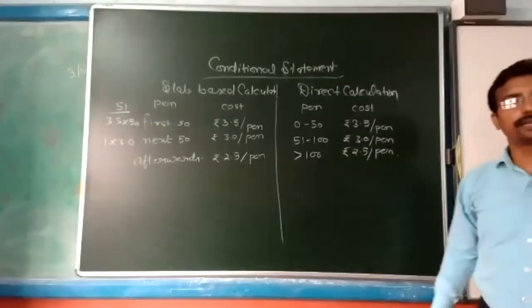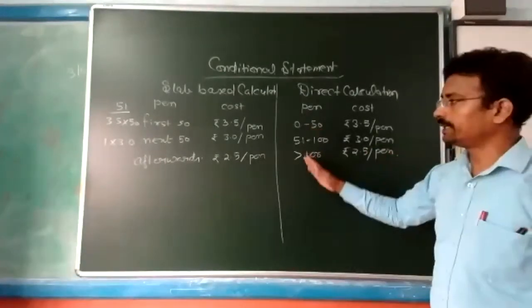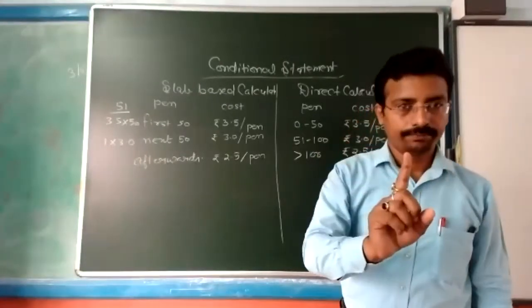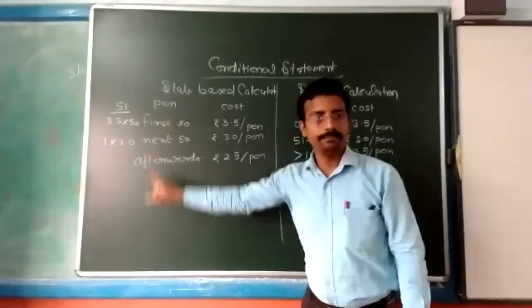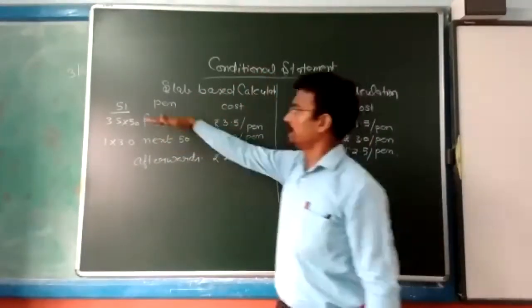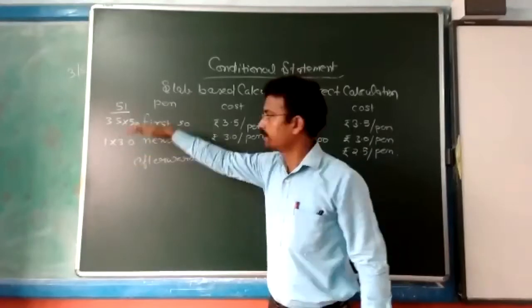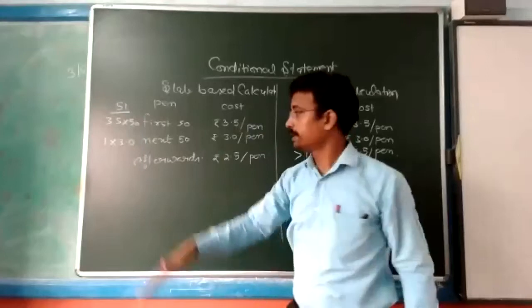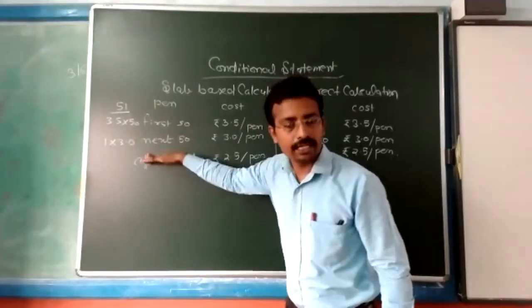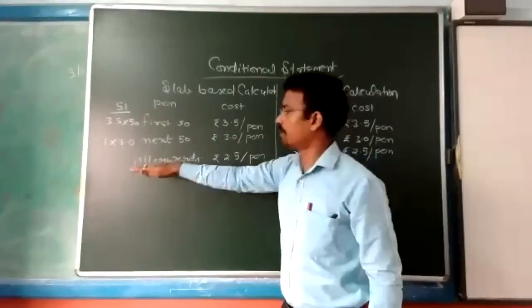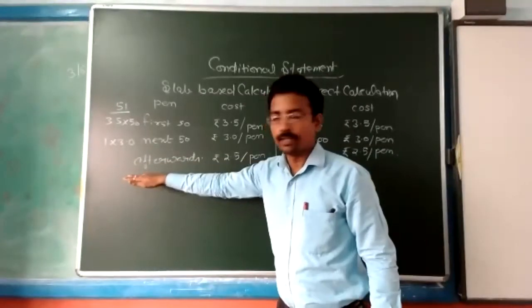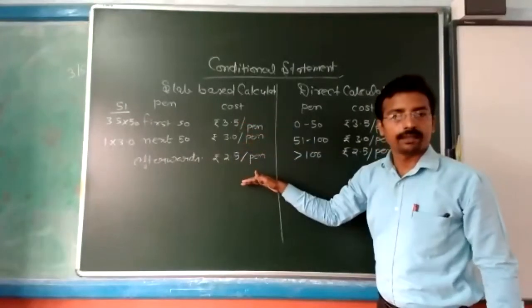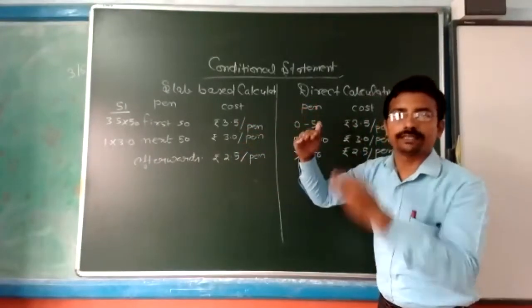Now compare the criteria. If I have purchased 51 pens, that is starting 50 plus 1. If I have purchased 120 pens, starting 50, next 50, 100 completed, now finally 20. This way all steps will be calculated. Cost will be taken stepwise, slab-wise.